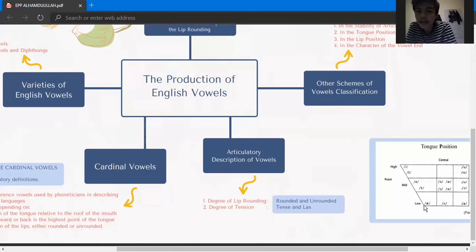Tense and lax are less clearly defined terms. Tense vowels are articulated with greater muscular effort, slightly higher tongue position, and longer duration than lax vowels.